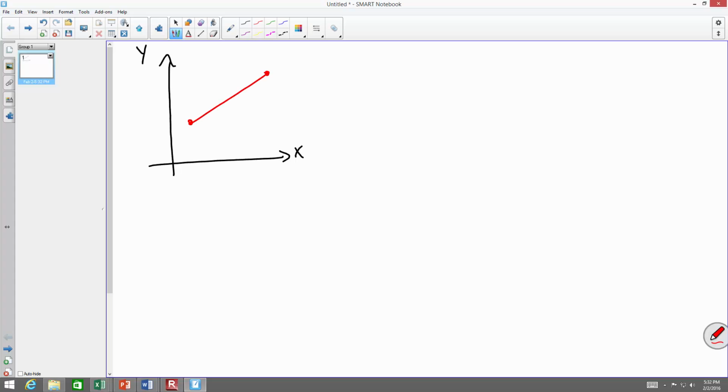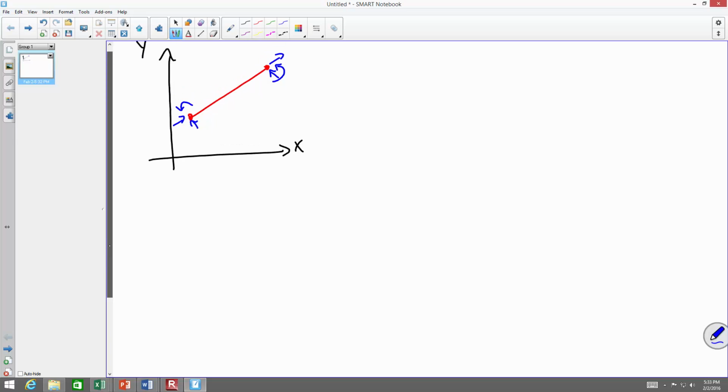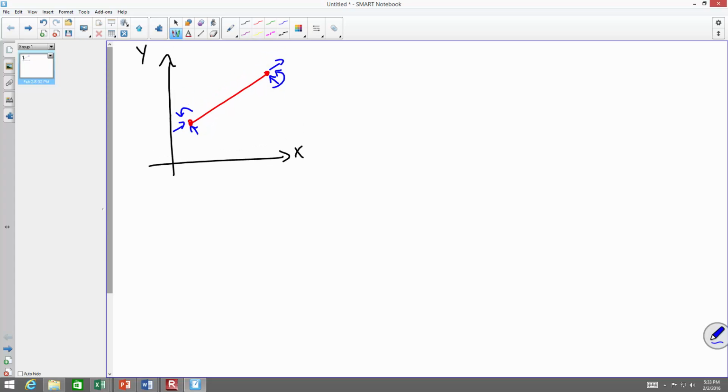So this might be my element, right? Now let's go back to what we said before. These are local displacements, right? Okay? And then we have those right there, right? Watch this, okay? I want to take a moment to look at this picture, okay?